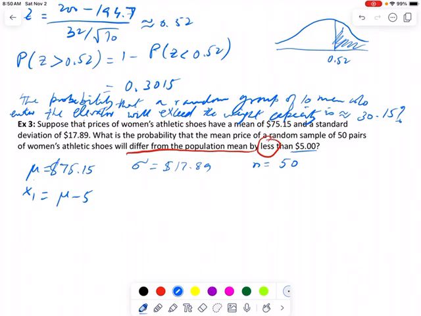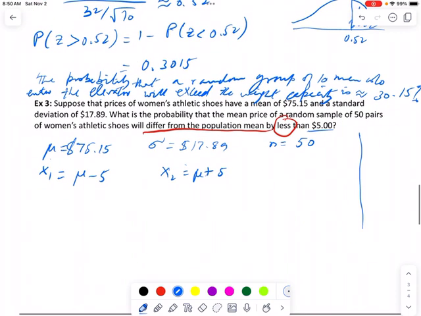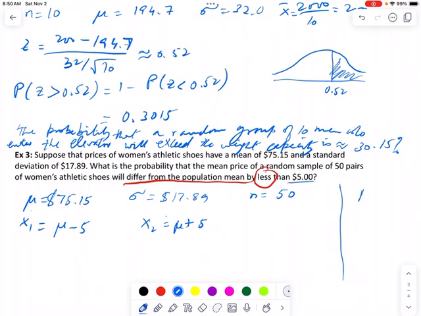And then the other one, x2, we take as mu plus 5. So on a side, let me show you what we mean with easy numbers. So let's say mu is 70. Then what are the numbers whose difference with 70 is 5?